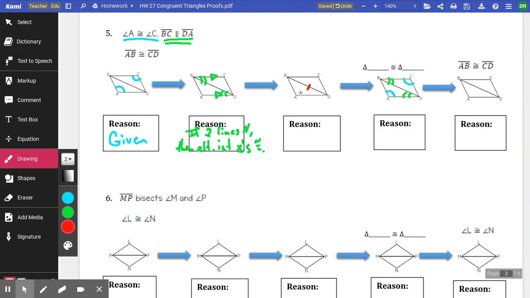It's the same length for the bottom triangle as it is for the top triangle. And so we can mark it here as well. And that is our reflexive property, which you can abbreviate property as just prop if you choose.